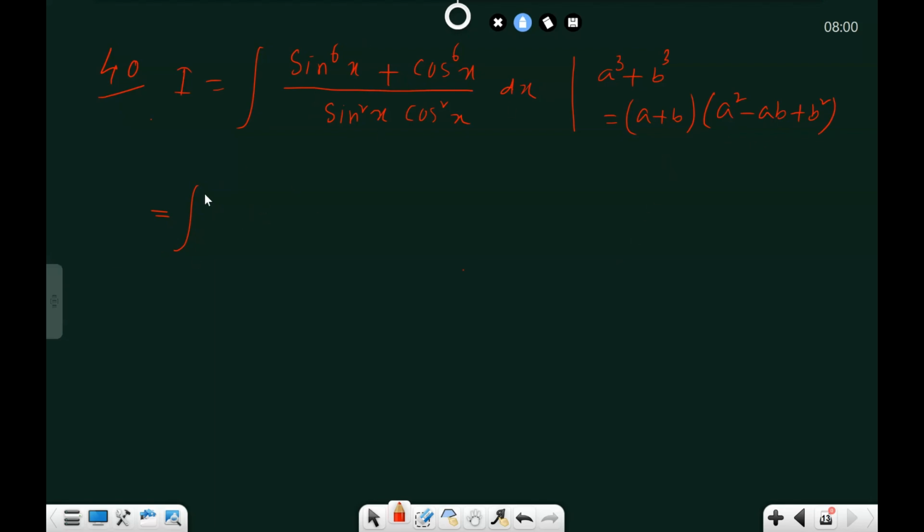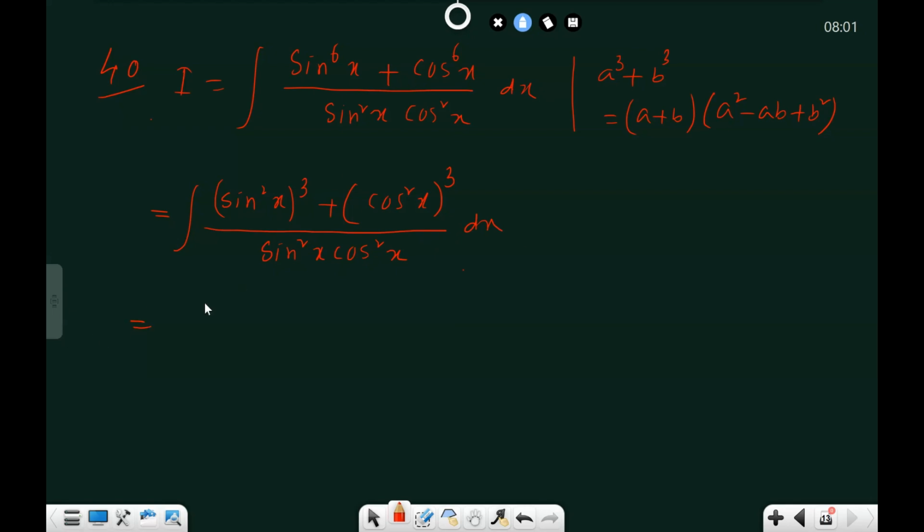You see, it is nothing but sine square x whole cube, then plus cos square x whole cube, and divided by the term sine square x cos square x and dx. This is your expression now.